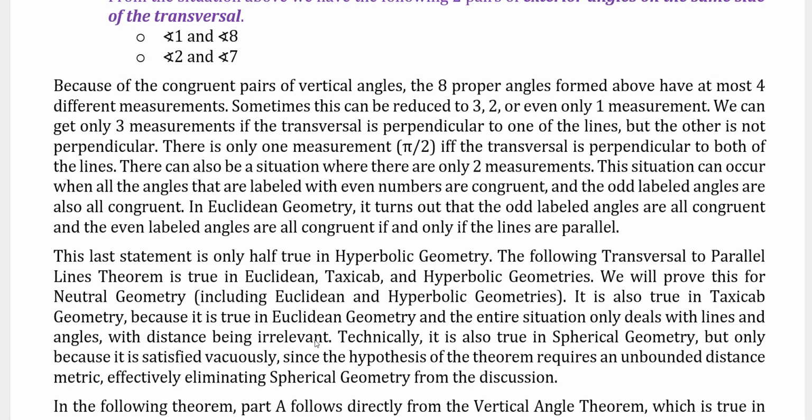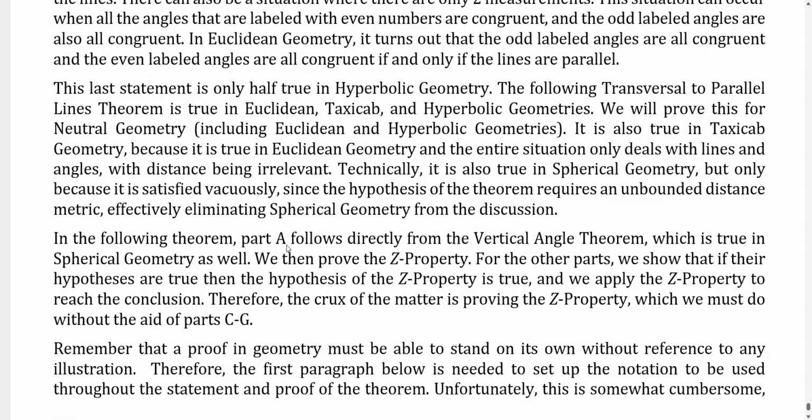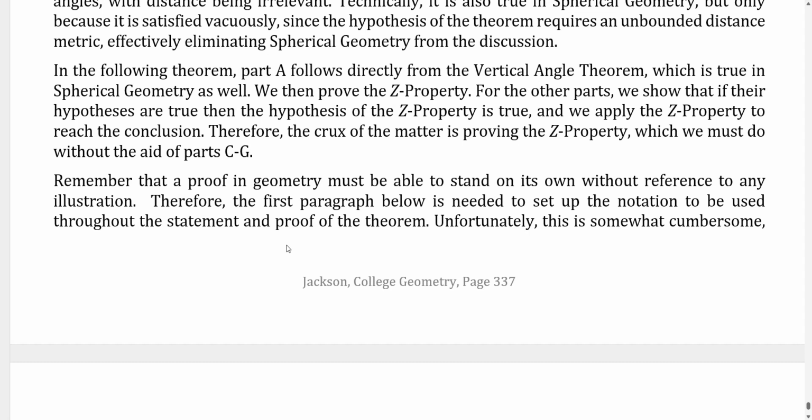Okay. In spherical geometry, we're going to write a theorem down. Technically, it's true, but the first line of the sentence is going to assume that we have an unbounded metric, which basically just eliminates spherical geometry. There's no such thing as a parallel line in spherical geometry. Now, we're going to have different parts of this.